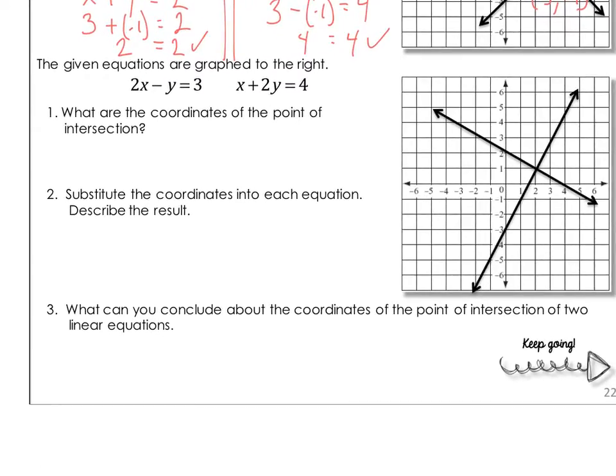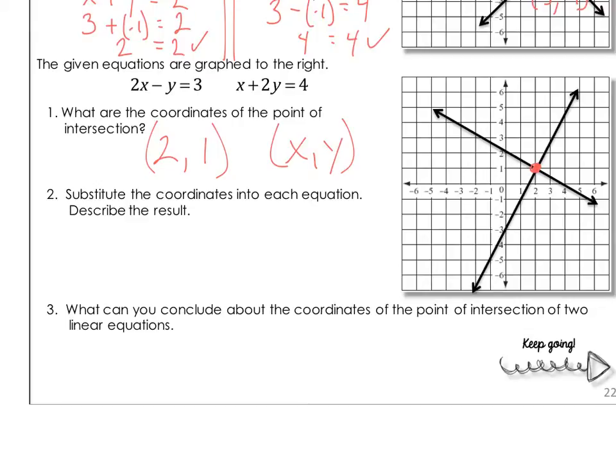Here's another one. If you want to try this one on your own, go right ahead. If not, we're going to work on this together. I'd say the solution to this system is right here. That's the ordered pair 2, 1. Again, remember, there's always an x and a y value, and x is always the first number.